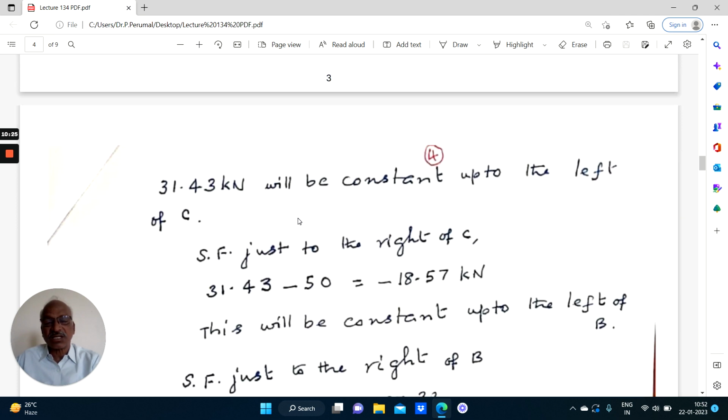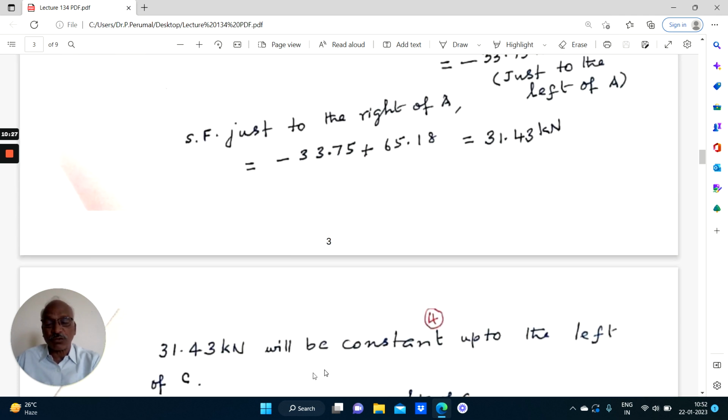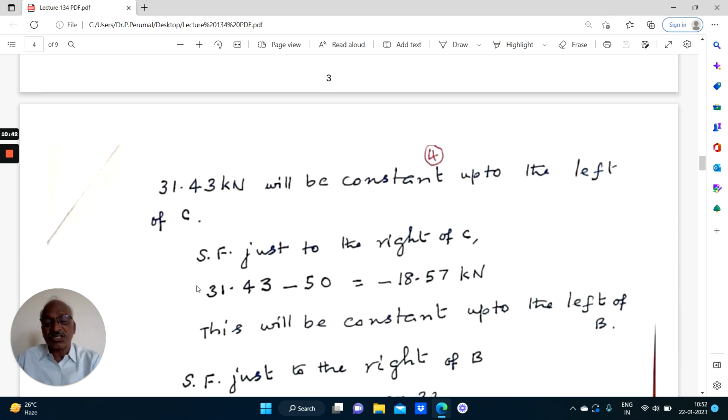The 31.43 will be constant up to the left of C, up to the point where the vertical force and the moment are applied. Then the shear force just to the right of C: here we have to consider the vertical force.